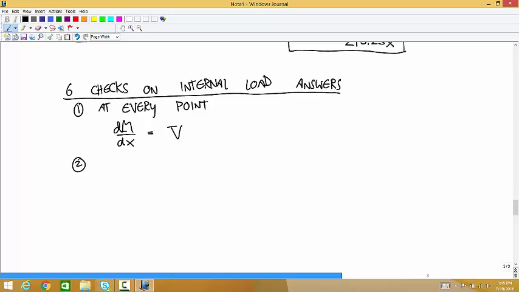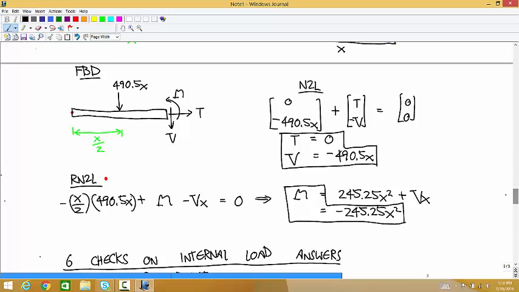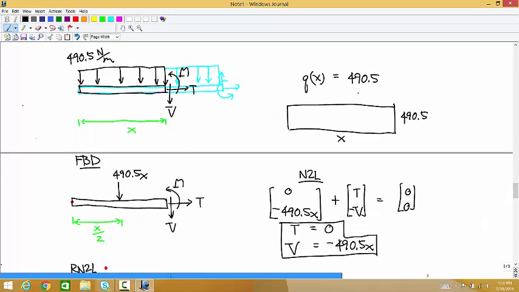The second is that at every point, dv/dx is equal to negative q, q at that x value. So let's check that. For the example we just did, q is equal to 490.5.